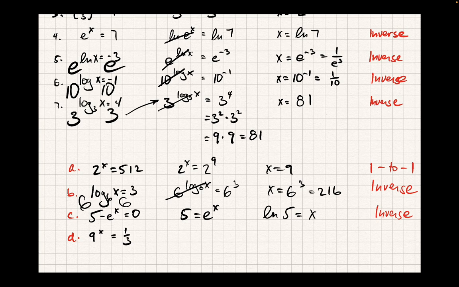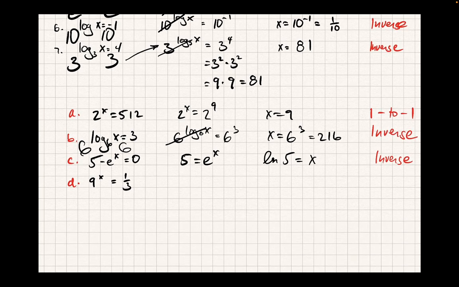Okay, so for E, we have ln x. First, you flip the 1/3 to get 3 to the -1.